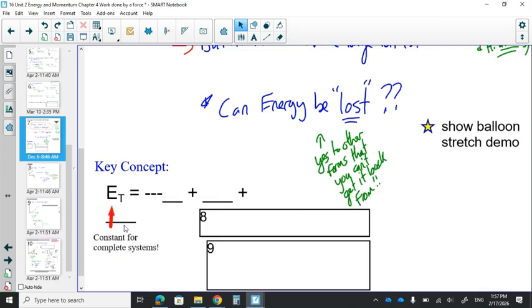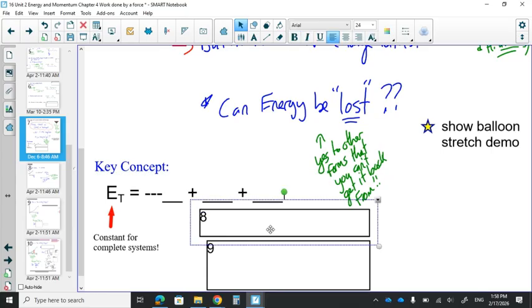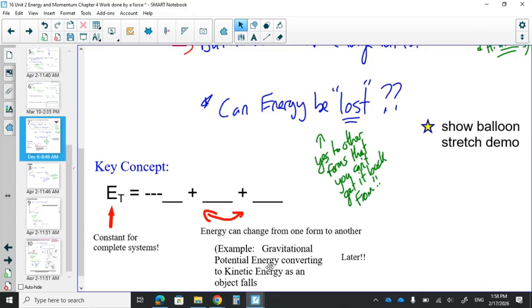But yeah, your key concept here would be that if you're looking at the complete system, then the energy is constant. So in the previous examples, I would include myself as the universal system. When I said you get extra energy, really that energy was there, it just transferred into this system.